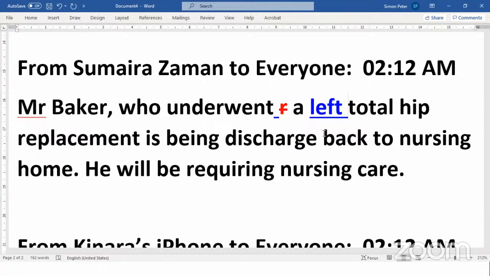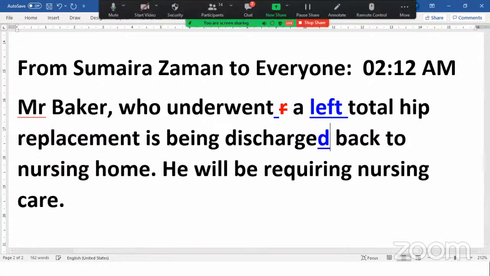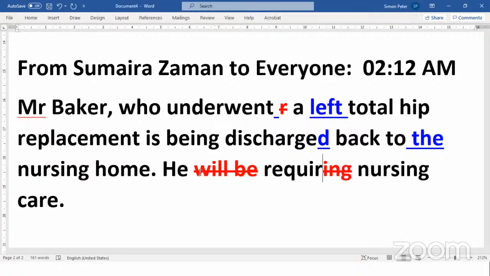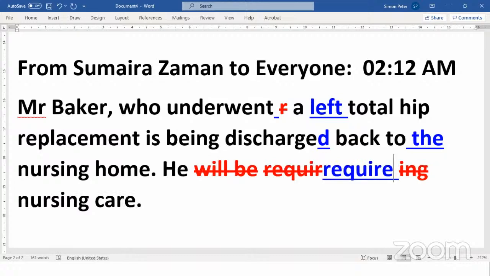Is being discharged back to the nursing home. He will be requiring nursing care. He will be requiring when? He requires.